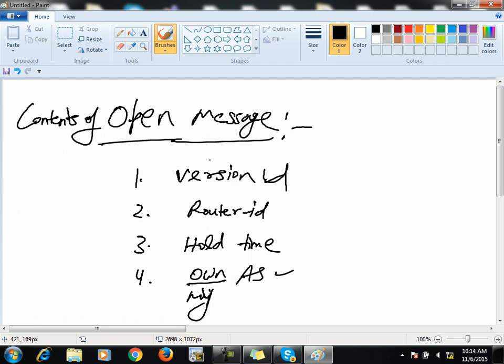Because by default your hold down interval is 180 seconds and keepalive interval is 60 seconds. And one more thing: BGP will never generate any keepalive without negotiating all the components which are required to form neighborship.